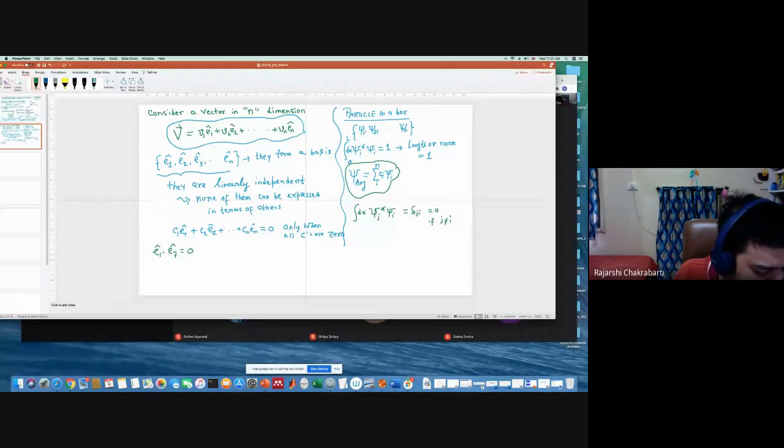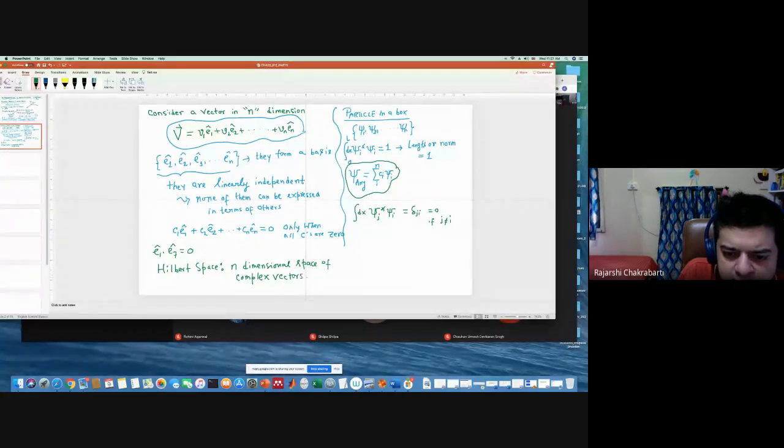Actually the statement is that there is something called Hilbert space. This is an n-dimensional space of complex vectors. And we have a special Hilbert space in quantum mechanics.